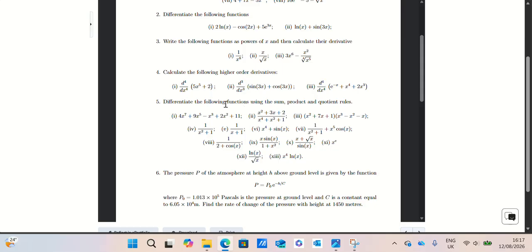So 5x to the 5 plus 2, if we differentiate that, so then it's going to come to d3 over dx4, and that's going to be 25x. Or sorry, no, 25x to the power of 4. The 2 is gone.